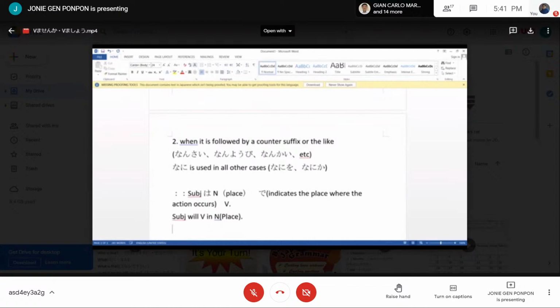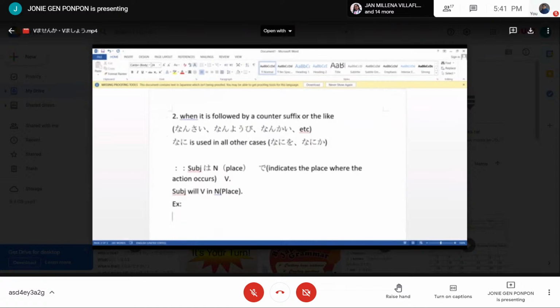Let's have some samples. Okay, example, let's have what is our verb. Kaimasu. Okay, buy. What will you buy? Para merong object. Okay, and then where will you buy? Okay, so let's say I will buy a newspaper in the train station. Okay, so that's my sentence.